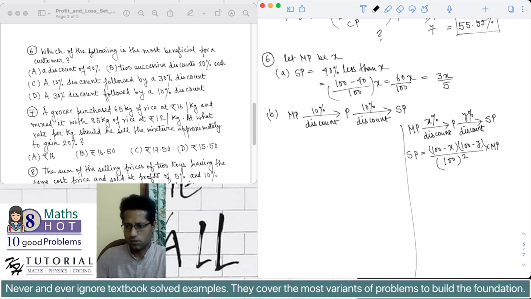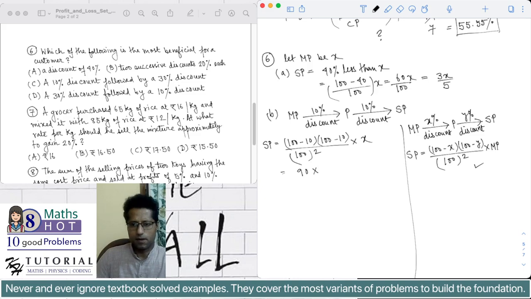So from this result, for choice B, the selling price will be, since both the discounts are the same, 100 minus 10 multiplied by 100 minus 10 divided by 100 square, multiplied by the mark price, which we have assumed to be X. This is equal to 90 multiplied by 90 divided by 100 multiplied by 100, multiplied by X. This is equal to 8100 divided by 10000, and the zeros cancel out.